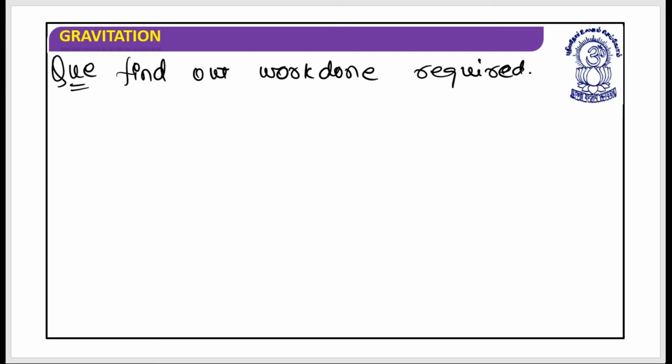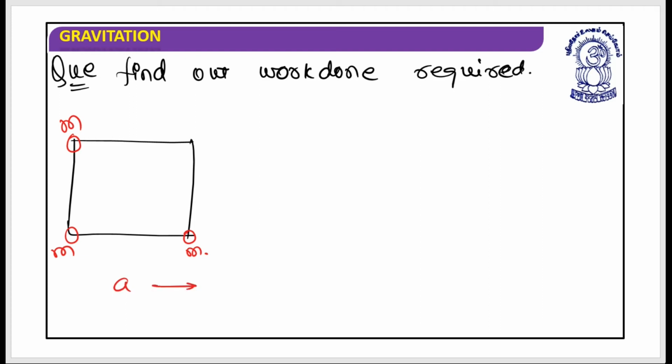The system is something like this: initially it's a square, and initially it has mass m and mass m, and the dimensions of the square are a by a. Here no mass is there, but one of the masses is at infinity. This is the initial system.